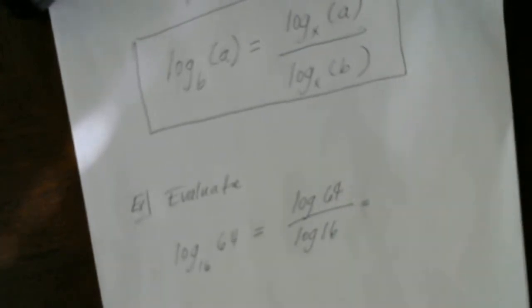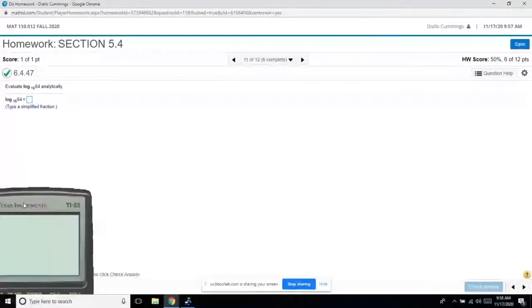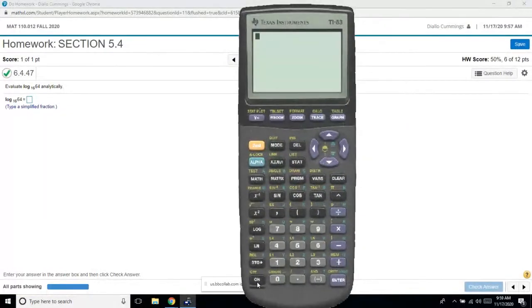So I'm going to put that into the calculator. So I'm going to put in the log of 64. I'm going to close off my argument, divided by the log of 16. Here again, I'm going to close off my argument.